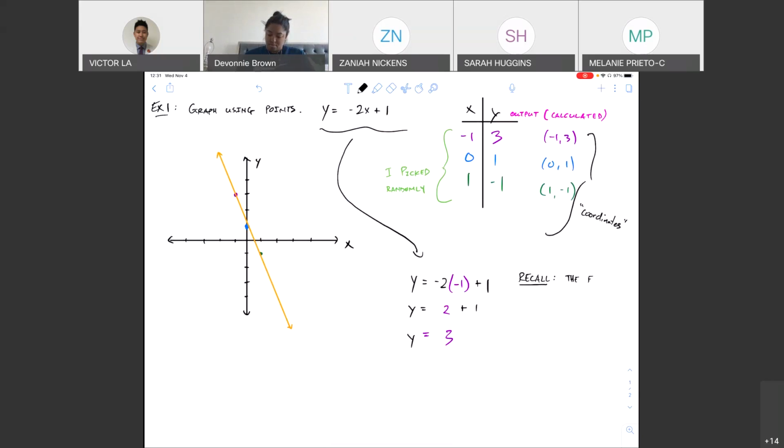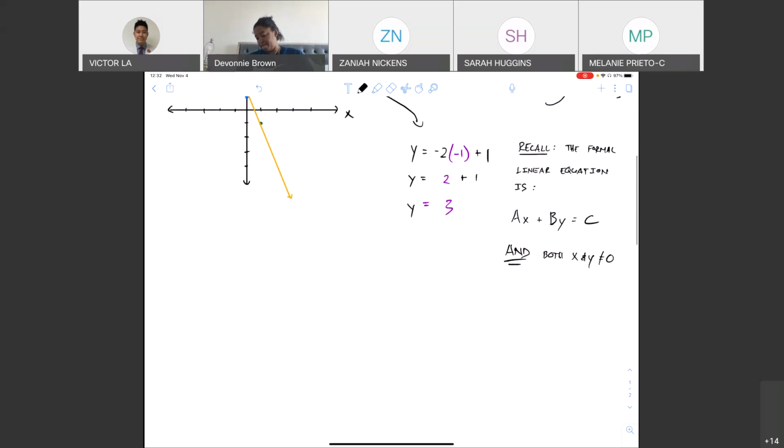The formal linear equation is, they said, ax plus by equals c, and both x and y can't equal 0. So I'm going to scroll up. Have you take a look at that. Remember, that's our last definition.